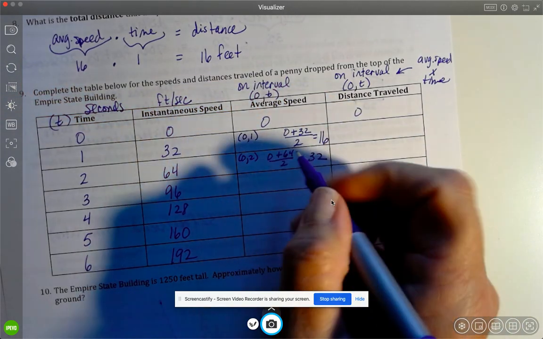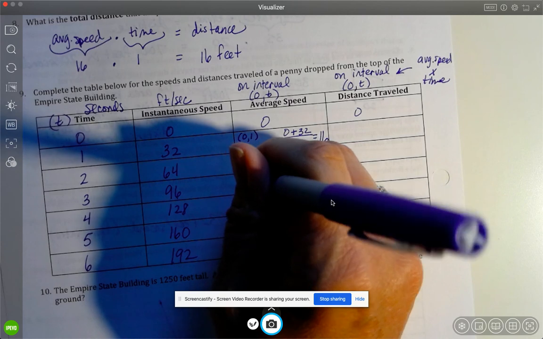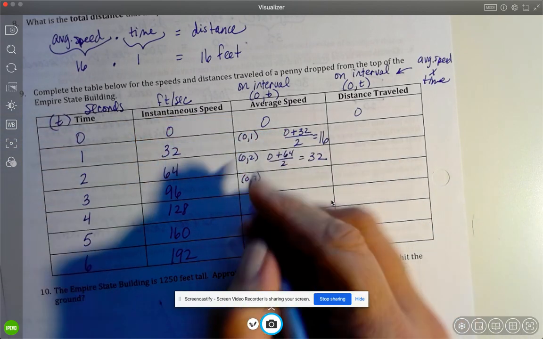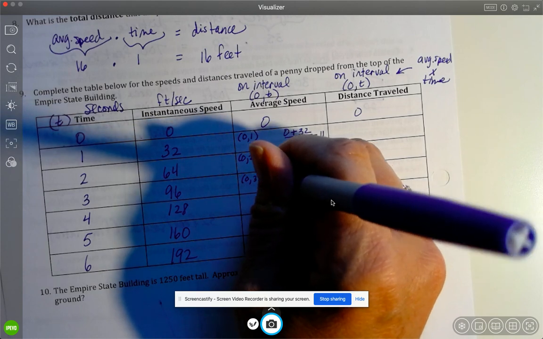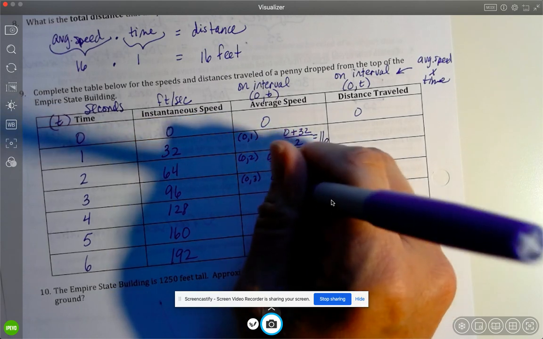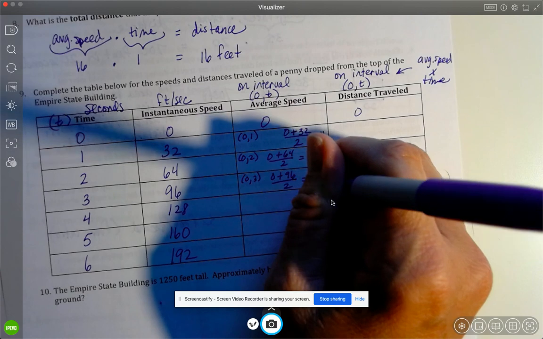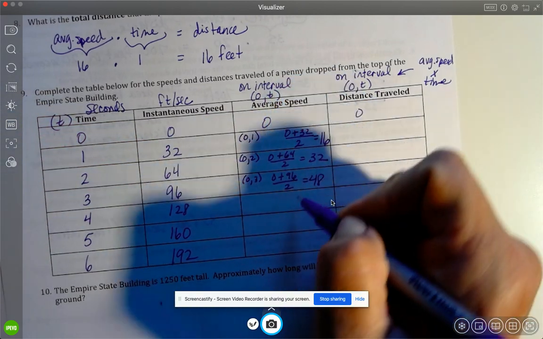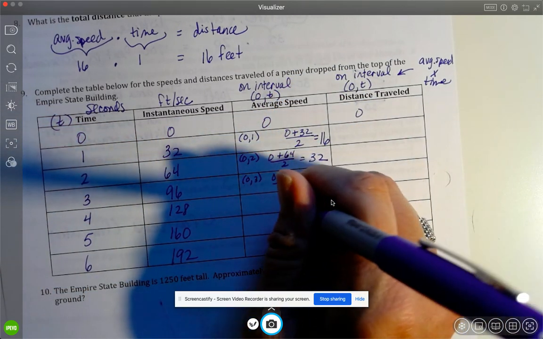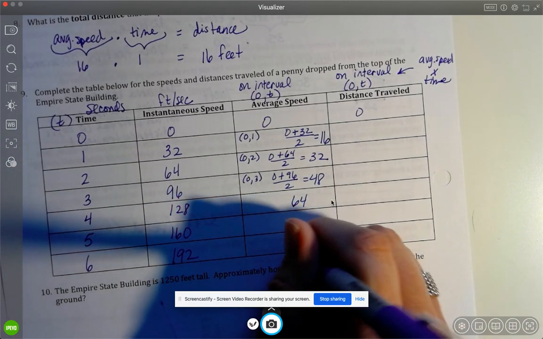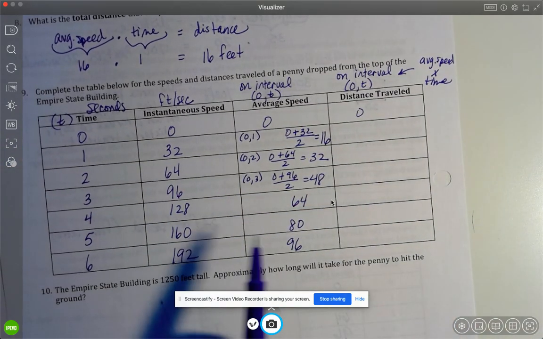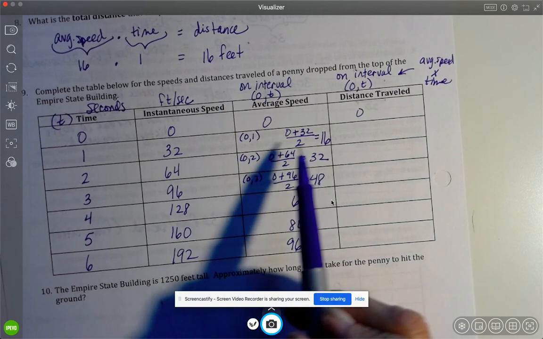You can see that this is going to keep happening. On the interval from 0 to 3 seconds, it's 0 plus 96 divided by 2, 48, and then you see it just keeps being half of this. But you need to understand why, so that when we do another one later, it'll make sense why it's not always a half, but in this situation.